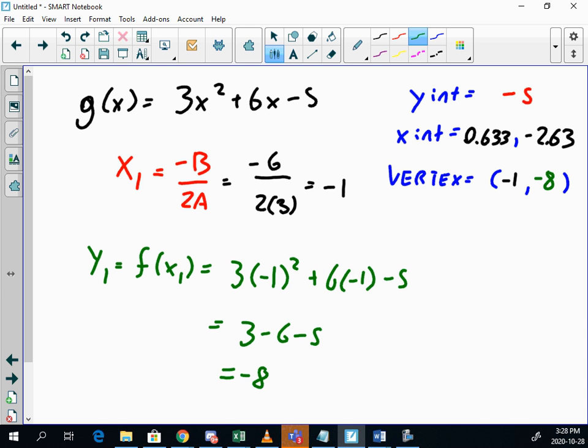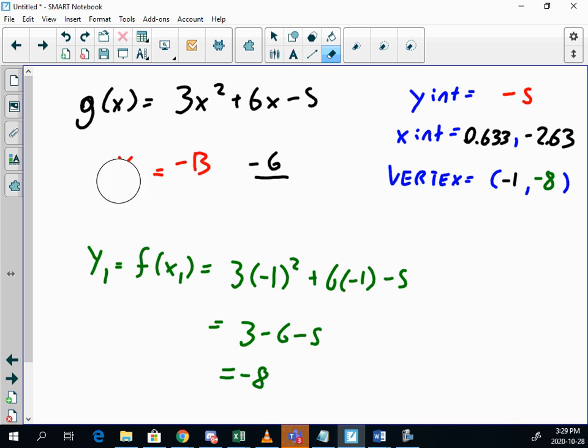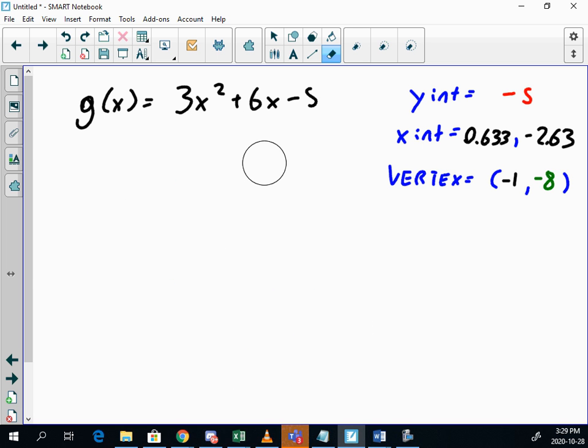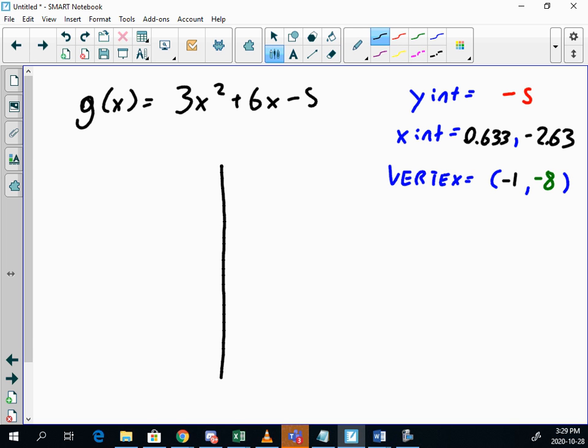Okay, so if we put this all together now, we can construct the graph we're looking for. Start with our Cartesian coordinates, mark our y-intercept at negative 5, mark our x-intercepts at 0.633 and negative 2.633.